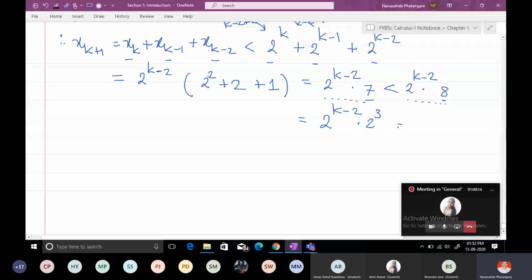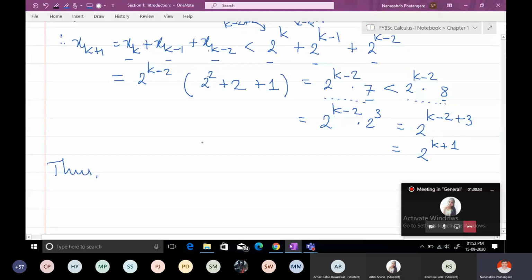So we get 2 raised to k minus 2 plus 3, because the bases are the same, 2 and 2, I can add their indices, right? So what is the power? k plus 1.